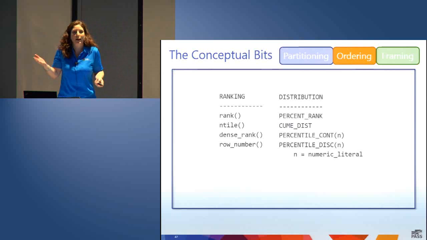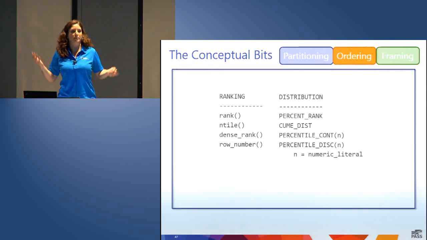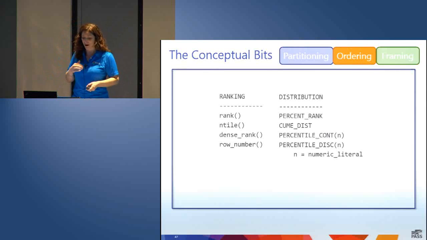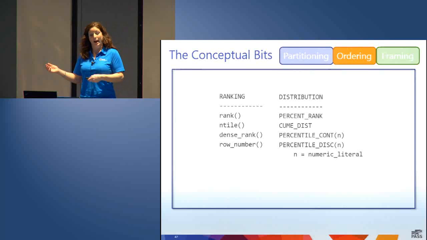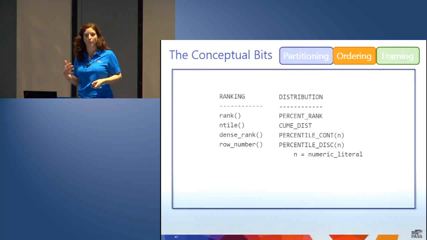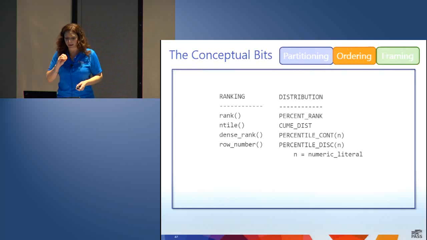How do you calculate a rank without putting something in order from smallest to largest or largest to smallest? There's no way to do that without an order. So if you try to write queries with, say, a row number or a rank or a dense rank and you leave out the order by clause, you're going to get an error. It's required. You don't have to have partitioning, but often you will. But for ranking and distribution functions, order by is required.